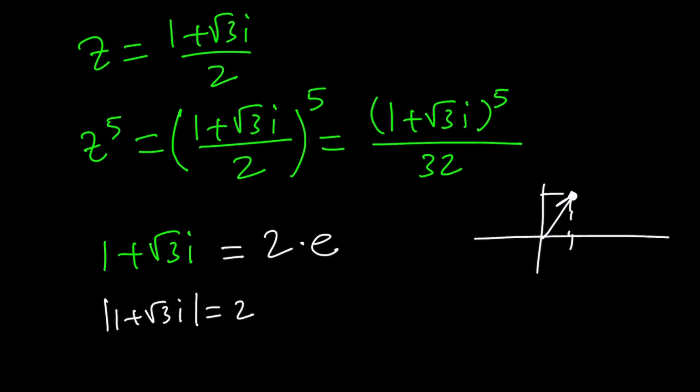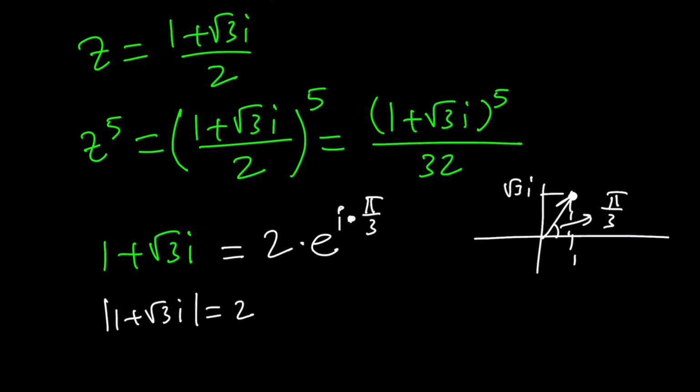That angle is determined by the real and imaginary values. In this case, that happens to be 60 degrees or pi over 3 radians. So we can now write it as 2 times e to the power i pi over 3. And this is the principal value. You can obviously add multiples of 2 pi to this. That's not necessary for our purposes, because all I have to do is raise it to the fifth power. It would not matter.